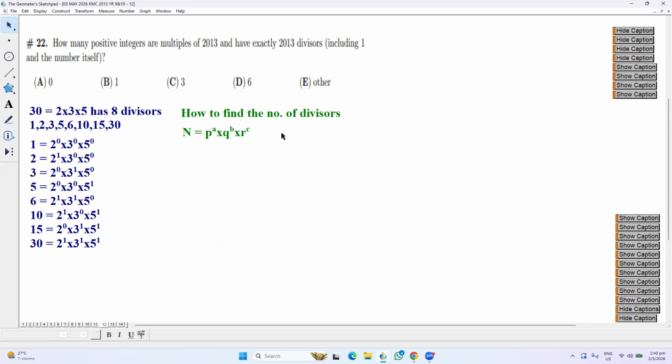So always one more than a. So the number of divisors is the formula: take the exponents, add 1 to each, and multiply. This is the formula for finding the number of divisors, so that we don't have to write out all the divisors.